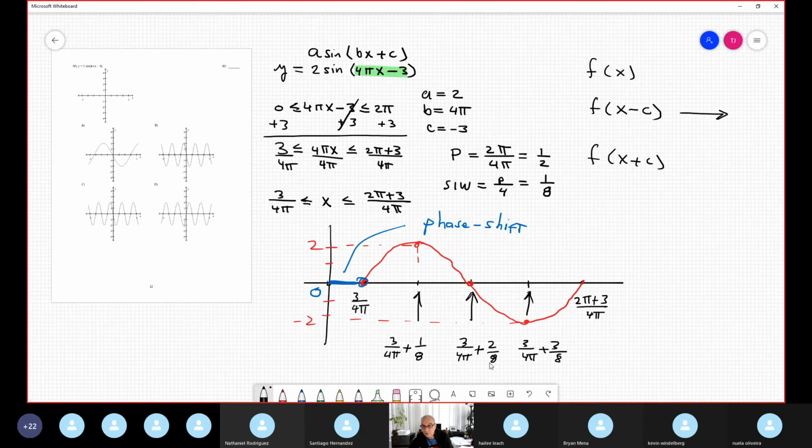This is to the right and this is to the left. In this case, minus. That is the reason that our famous sine is moving to the right. How much? That quantity, which is the phase shift, 3 over 4 pi. Make sense now? It does. Thank you, Professor.